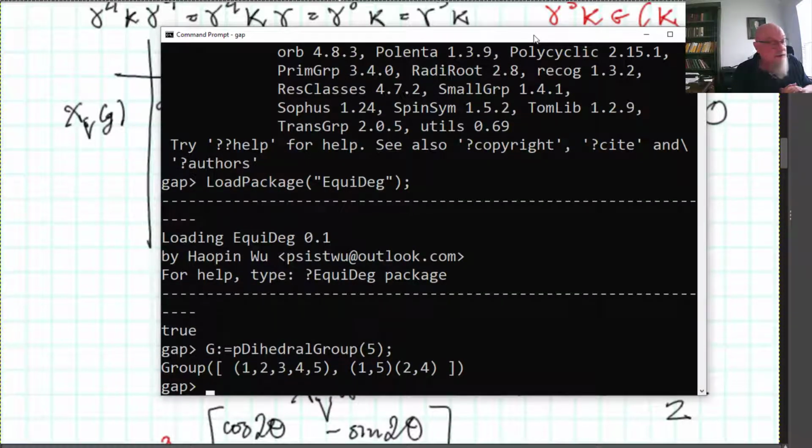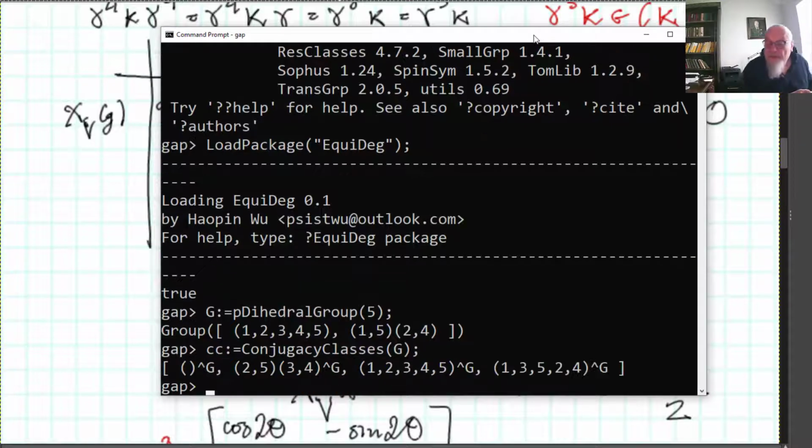Wow, we got it. So now I have the conjugacy classes. CC is equal to the conjugacy classes of G. Check it. We have it. So you can see that the first one is trivial, the second one is kappa, the third one is gamma, and the fourth one is gamma squared.